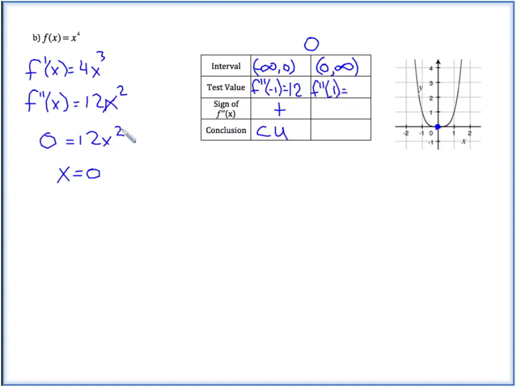That's 1 squared times 12, also 12, also positive, so we get concave up. If we had concave up to concave up, this is not a point of inflection because the concavity did not switch at 0. That is how to determine points of inflection of a function.